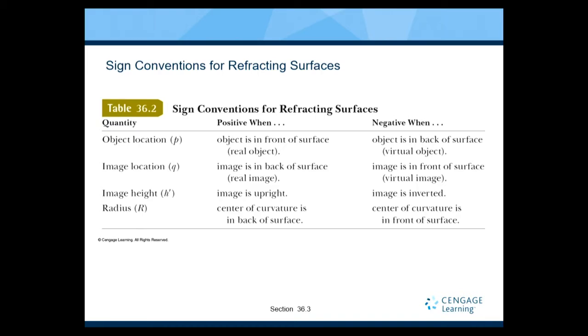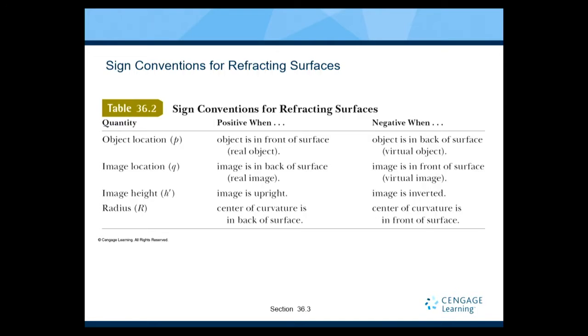So if I look at my sign conventions for refracting surfaces, the object distance is positive when the object is in front of the surface, and negative when my object is in the back of the surface. So if I'm doing the paperweight problem and my object is in the paperweight, I'm going to have a negative value.